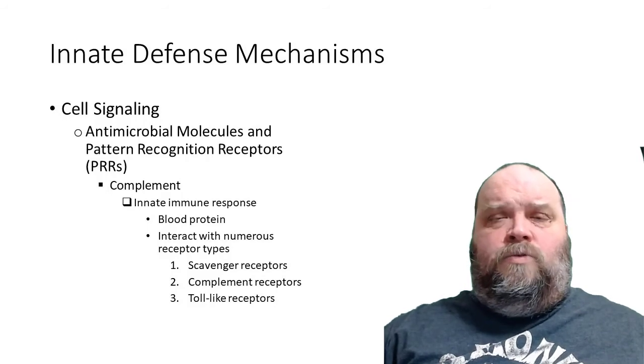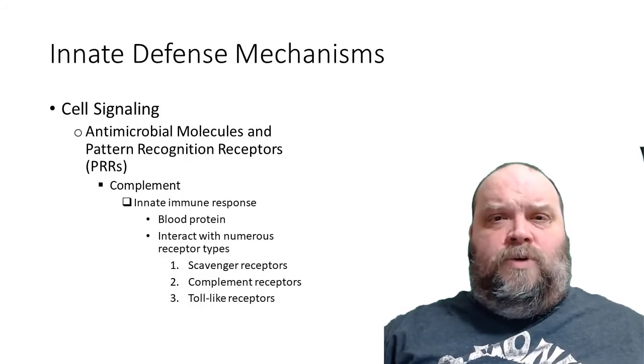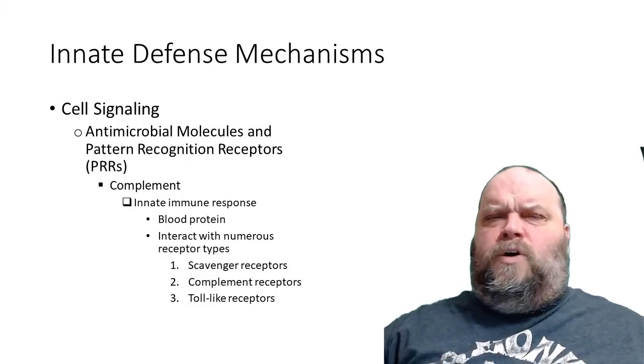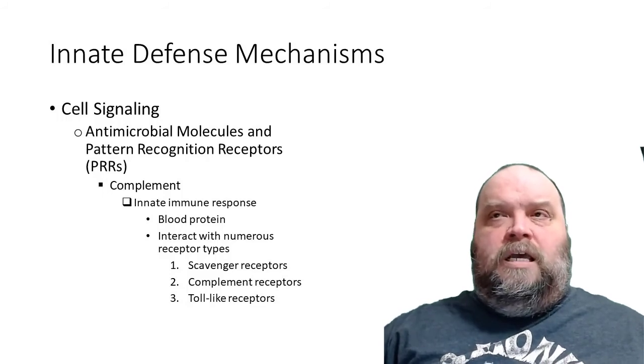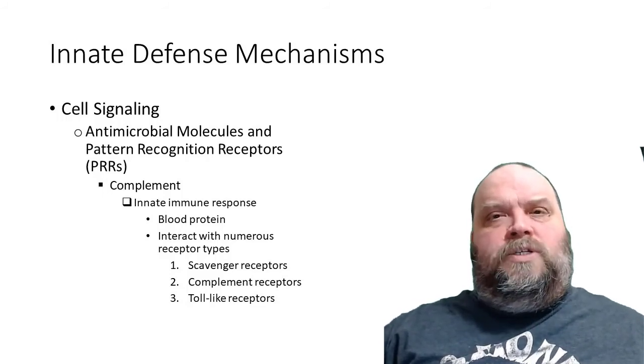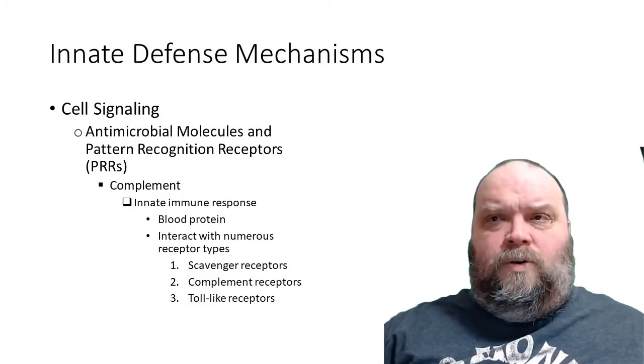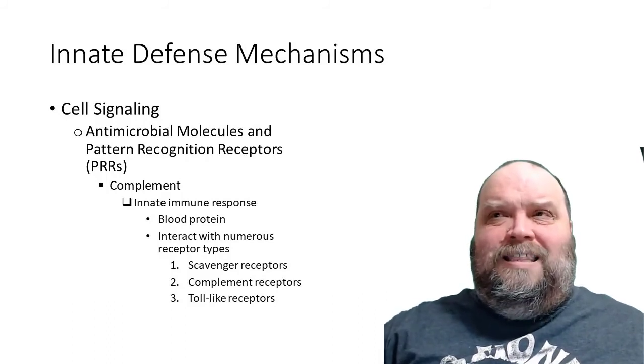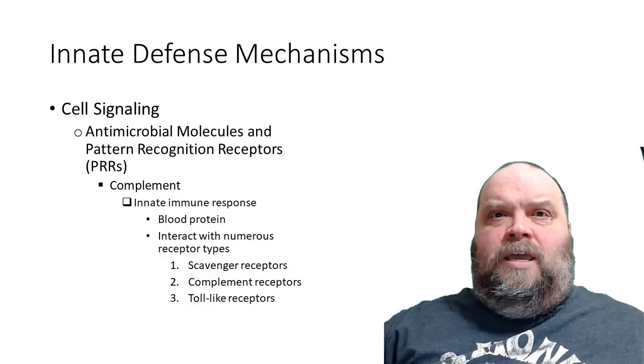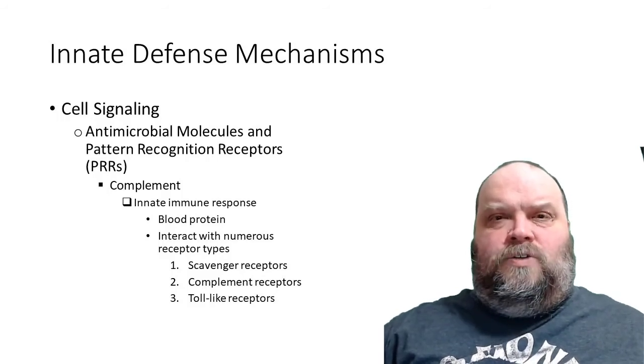And then there are what are referred to as toll-like receptors. Toll-like receptors are a special class of receptors. These are some of the oldest receptors that we can find. Why do we think they're old? Because we find them in many common ancestors going back.